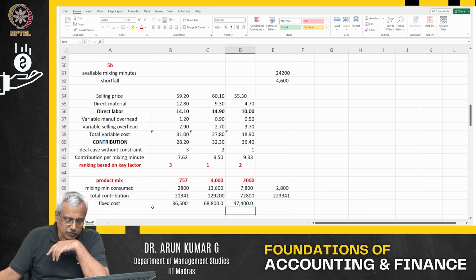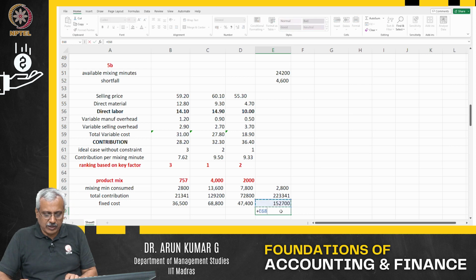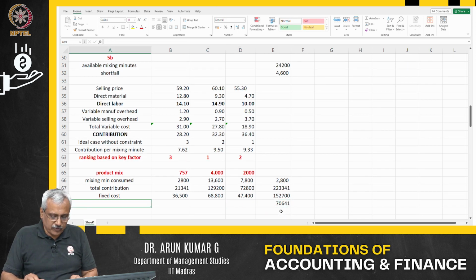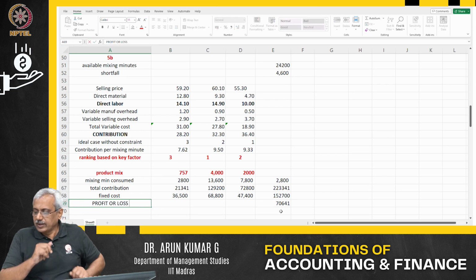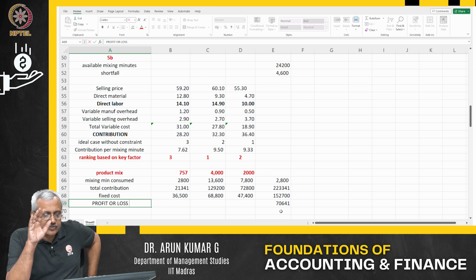And this is going to be the total fixed cost in this particular case. So, the ultimate profit or loss, that is 70,641, is going to be the profit out there, and this profit will be the maximum.